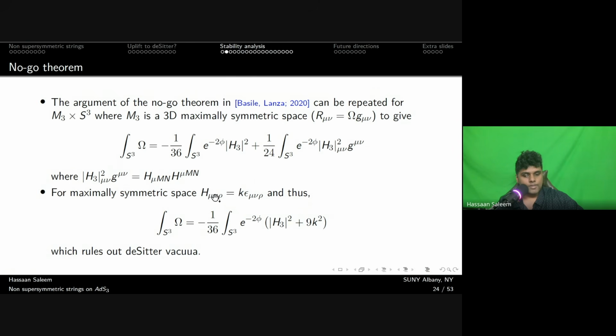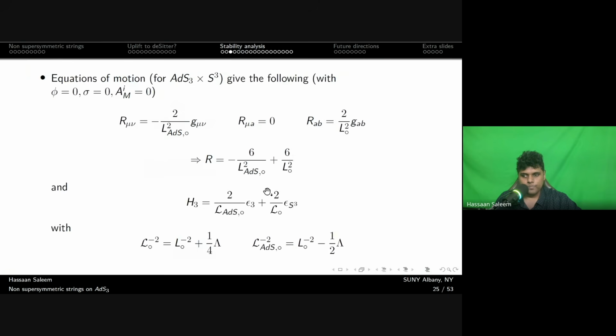And if you use this expression here, you can show that this whole right-hand side becomes this. And now you can see that it's negative. And since it's negative, it means that the de Sitter vacua are ruled out. So it's not surprising that we didn't get the de Sitter uplift. We should have expected it anyway. Okay, so let's go back to the question of stability.